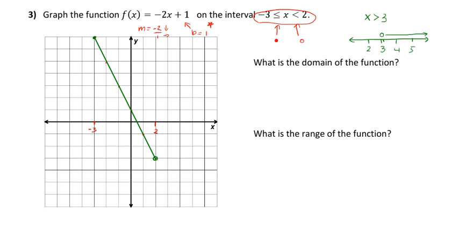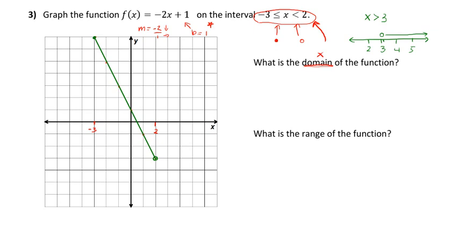So now we have a question that says, what is the domain of the function? Well, what is domain? Domain refers to the values of x, and the values of x that we are using to graph this line, or the line is graphed only for these values of x.